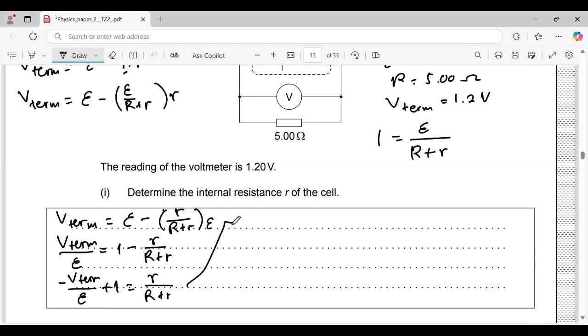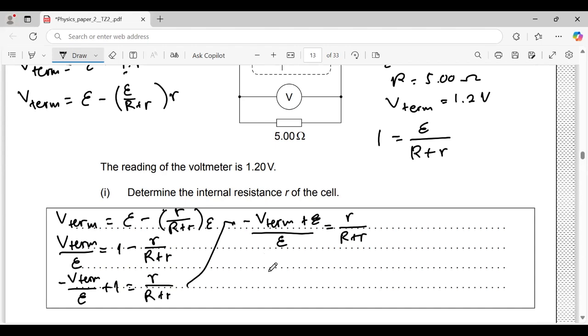And it means, writing 1 as epsilon over epsilon, minus V terminal over epsilon plus epsilon over epsilon equals r over R plus r.